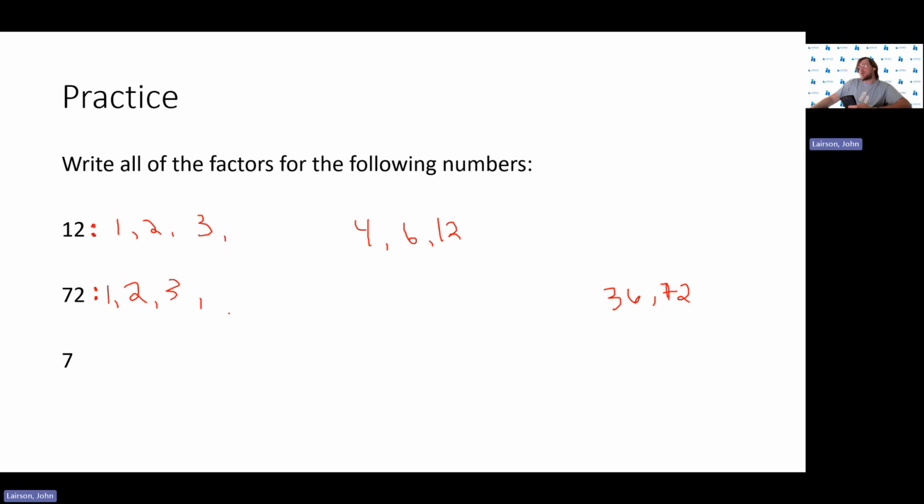Good, so 3 and 24. 72 divided by 4 is 18, so 4 and 18. 72 divided by 5 is 14.4. That's not a factor. We're going to move on to 6. 72 divided by 6 is 12.